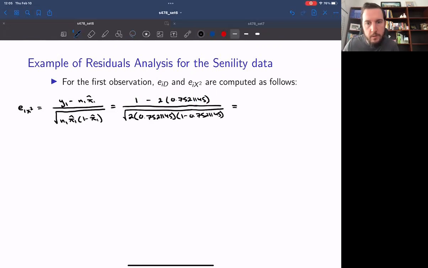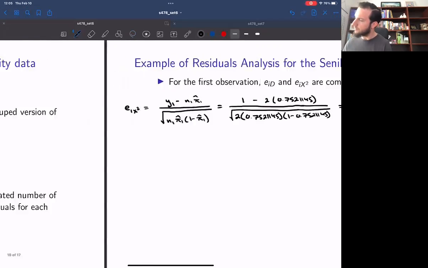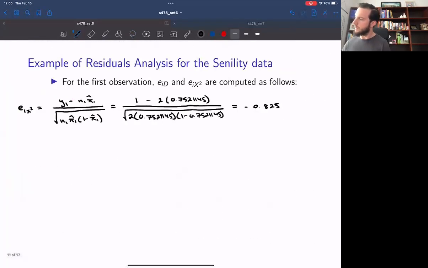Okay, and then that should be equal to negative 0.825, or 826, I guess.